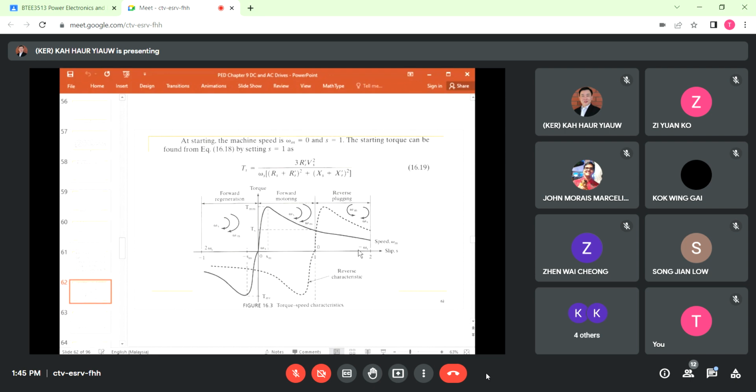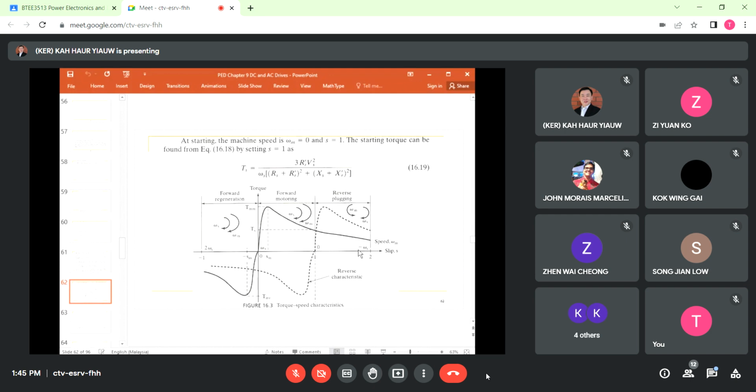There are three regions of operation. Number 1, motoring or powering, where the slip is between 0 and 1. Number 2, regeneration, where S is less than 0. And number 3, plugging, where the slip S is between 1 and 2.